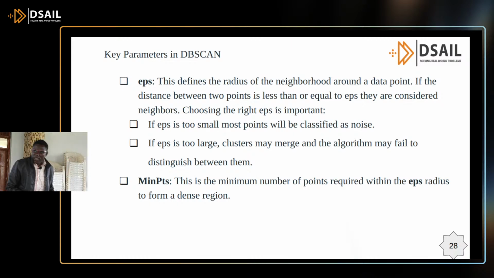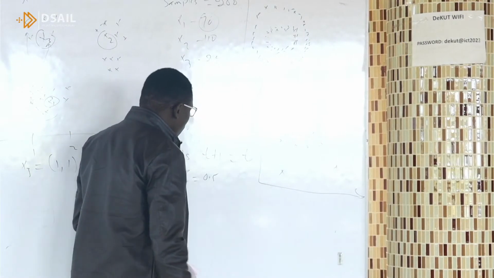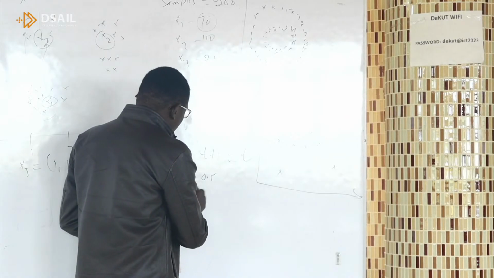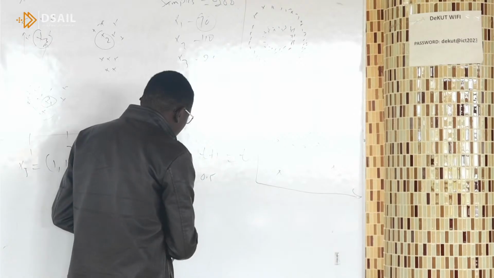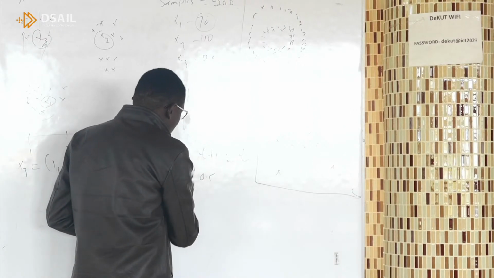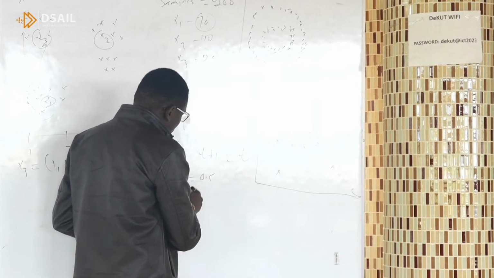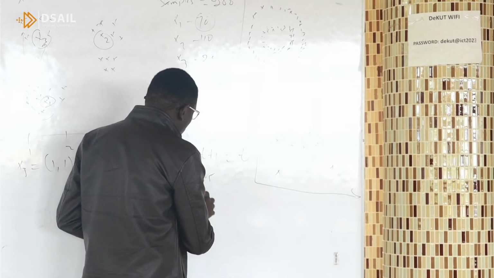So let's say you set epsilon to be 0.5 or any value, the radius, which is simply that epsilon, and the minimum number of points, you're saying it's 4.